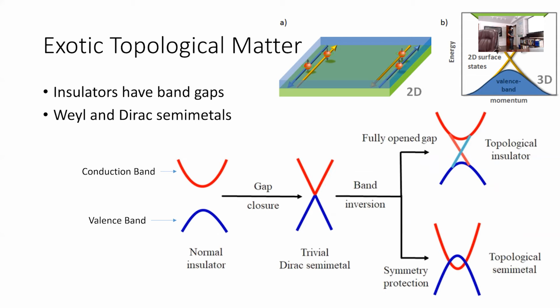So we have this notion of the band gap. And when the band gap comes closer together, there can be some non-trivial topological connections that are preserved on the boundary. So if we have some normal insulator, there's just a band gap. And so there's notions of Weyl and Dirac semimetals, which end up getting these different fermionic states as quasiparticles on the boundary of the system.